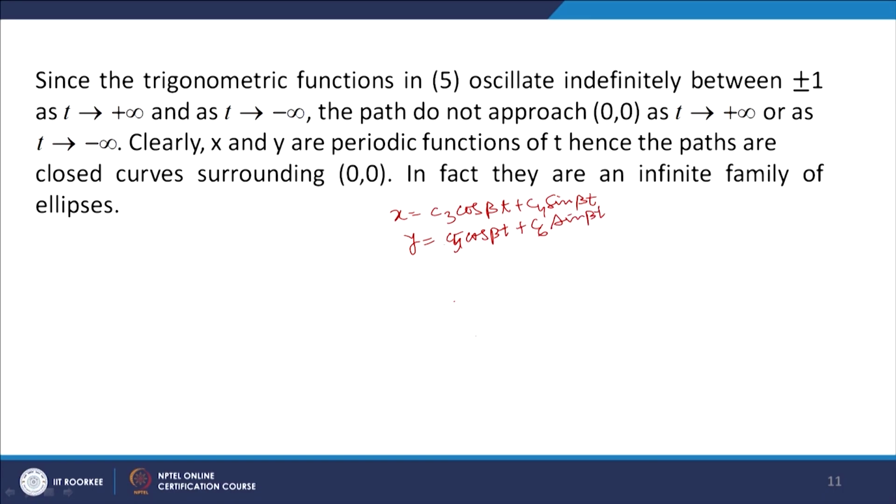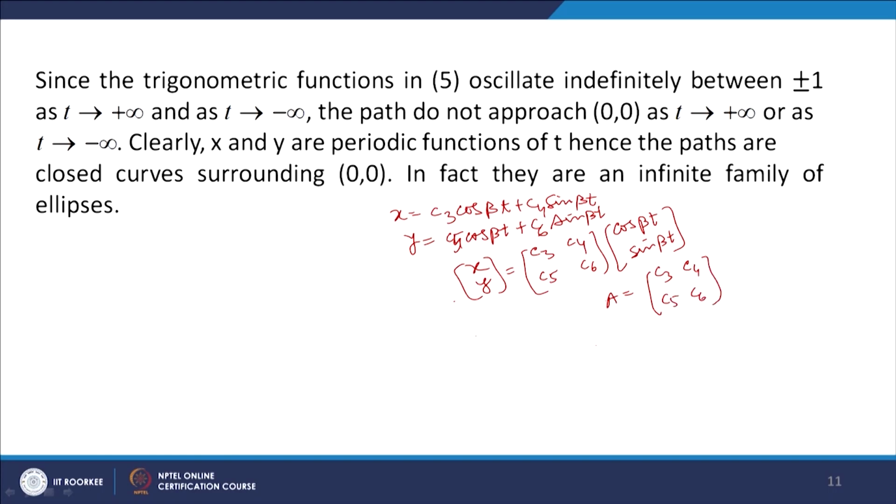I can write this system of equations as x, y in the form of a matrix: c3 c4, c5 c6, times cos beta t, sin beta t. So, we have a system of equations, let me call this the coefficient matrix of this system. So, A is equal to c3, c4, c5, c6. Determinant of A is equal to c3 c6 minus c4 c5.